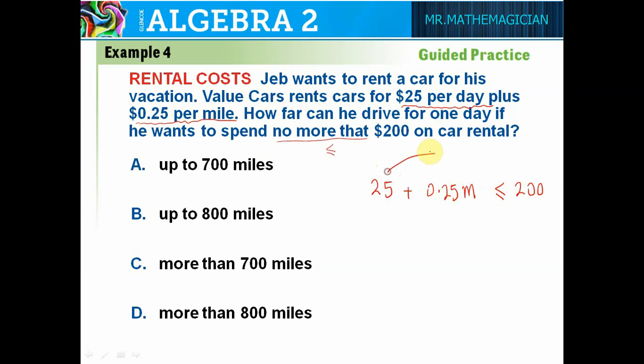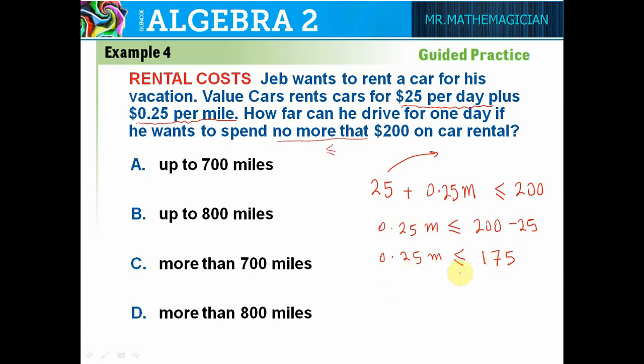Now I will take 25 to the other side, so 0.25 m, the number of miles, will be smaller than or equal to 200 minus 25. So again 0.25 m will be smaller than or equal to 200 minus 25, 175.